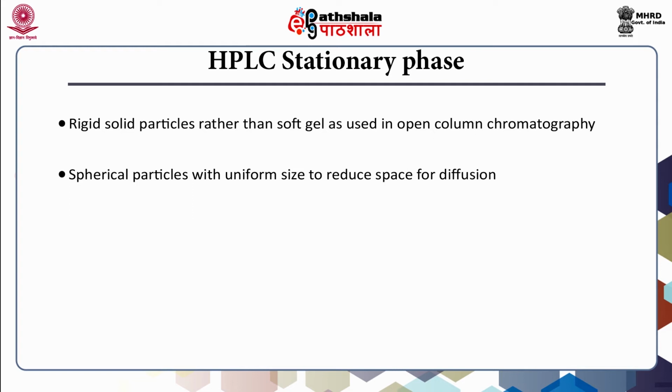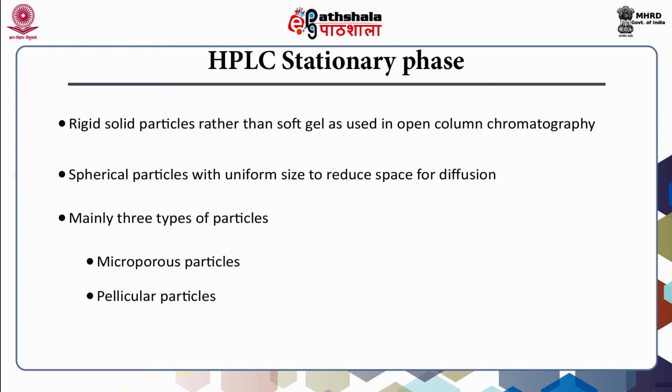So, what are the types of stationary phase particles? There are mainly three types of stationary phase particles. The first type is called microporous particles, the second type is called pellicular particles, and the third type is called bonded phase particles. Let us discuss these particles one by one.